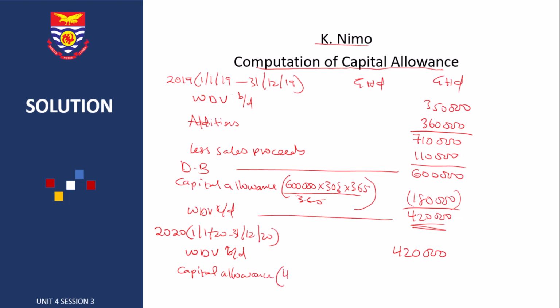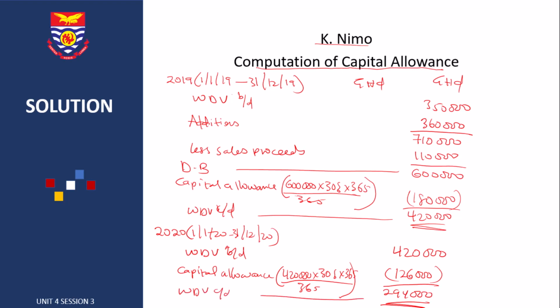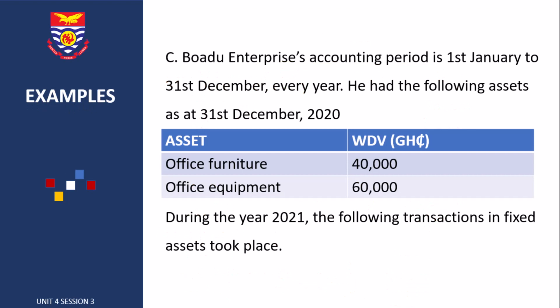So here we have 420,000 times 30% times 365 over 365. So it is giving us 126,000. So we're going to get 294,000. So that's our written down value at the end of 2020. So for 2019, we are enjoying capital allowance of 180,000 and for 2020, 126,000.